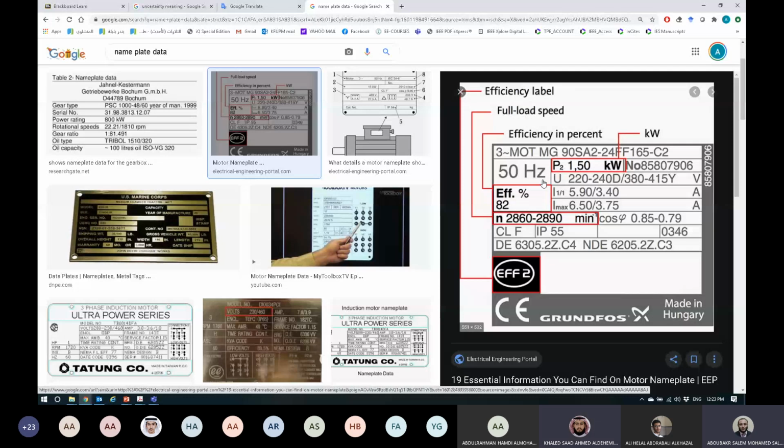However, this doesn't mean that you cannot operate the machine at lower values. If the rated current of a machine, for instance, is 10 amps, this means you can load the machine up to 10 amps. So it can be loaded by 2 amps, 3 amps, 5 amps, up to 10 amps.